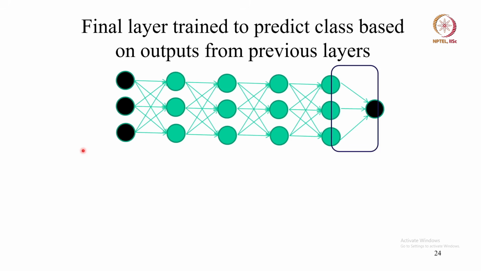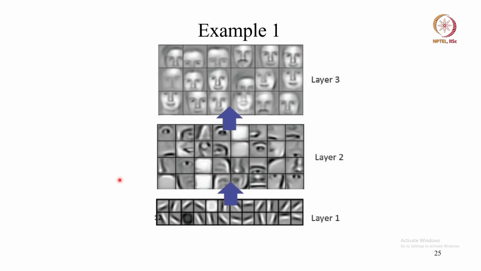And then finally you are going to use this as the fully connected layer to carry out the classification. What you basically get is that if you take layer 1, you may have features like this. When you come to layer 2, you can see higher level features developing. When you come to layer 3, you have even higher level features.